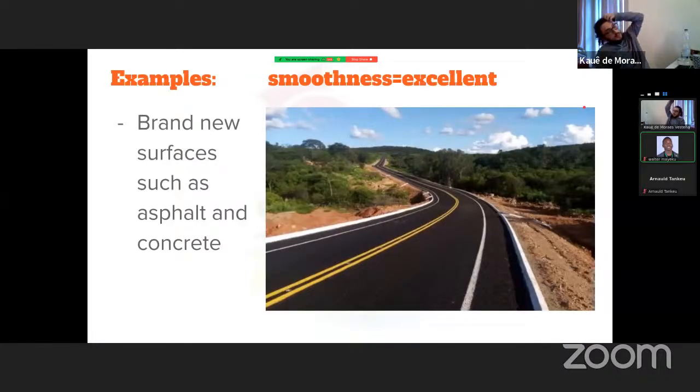Let's go into examples. Excellent are brand new surfaces such as concrete and asphalt, surfaces that are naturally very smooth. So this is smoothness excellent, okay?